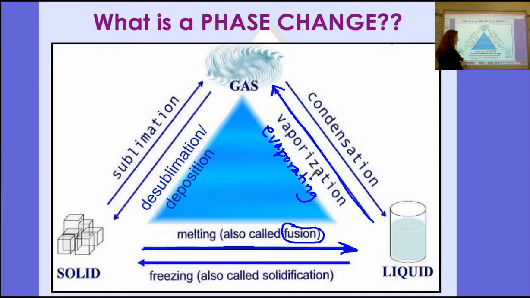We'll talk about the difference between those in the next video. If you're going from a gas straight to a solid, it's either desublimation or deposition. You may use either word. If we go backwards, a solid straight to a gas, dry ice does this, it sublimes, it's sublimation.